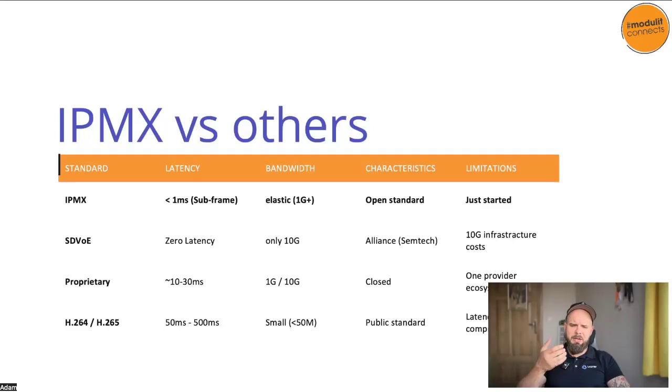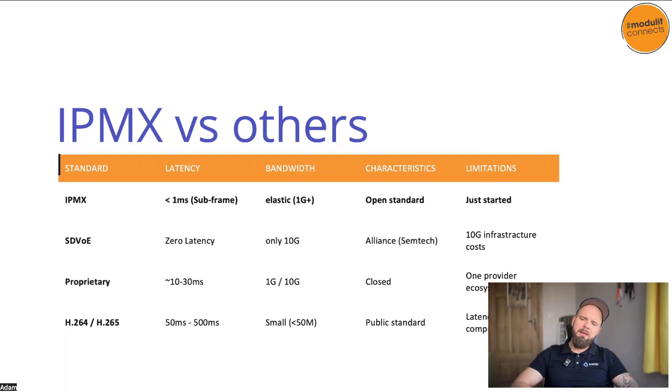If you compare it to the others, you see there are clear differences. Like the latency, it's on par with SDVoE. In terms of the bandwidth, it's elastic, so you can start with 1 gigabit and you will get very good results, but you can grow with the signal quality.